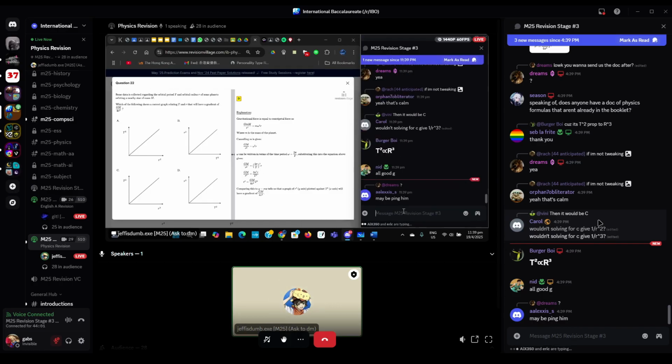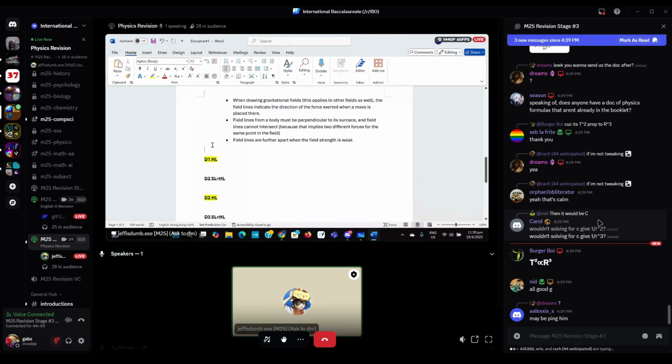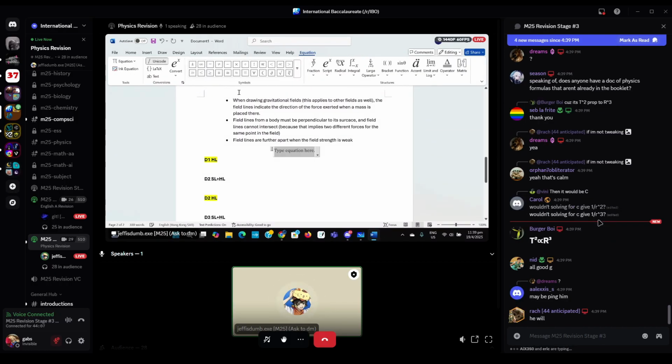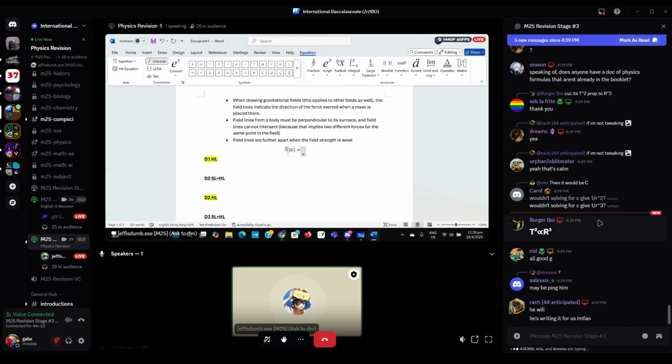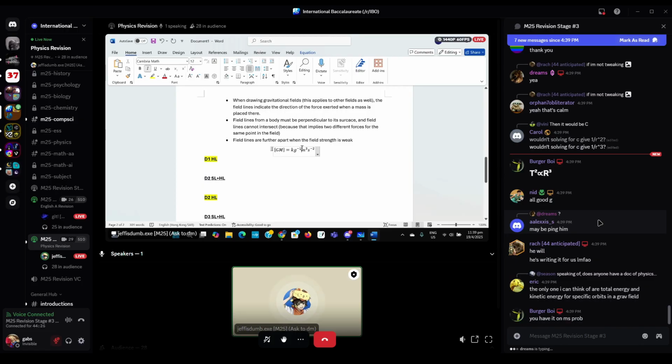Just as a remark, Rack, to answer your question, the units of G are kg to the negative 1 m cubed s to the negative 2, so the units of GM are m cubed s negative 2.